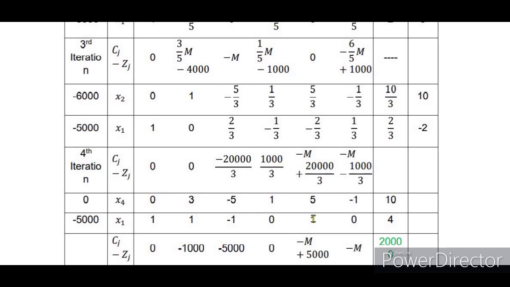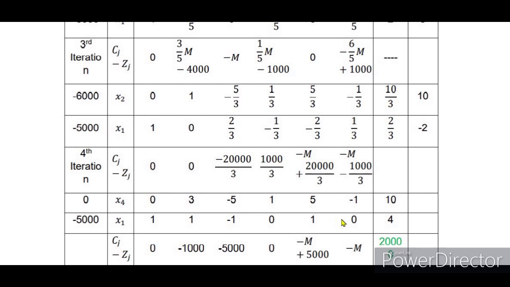Next, negative 5,000 times 1 is negative 5,000. The numerical coefficient under a sub 1 is negative m. So negative m minus negative 5,000 is negative m plus 5,000.